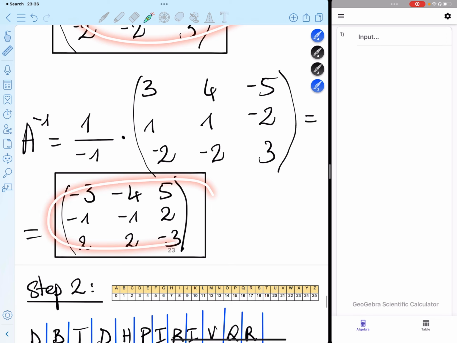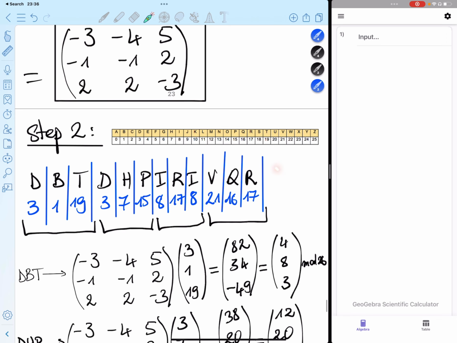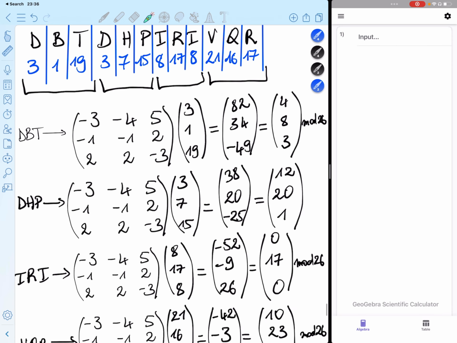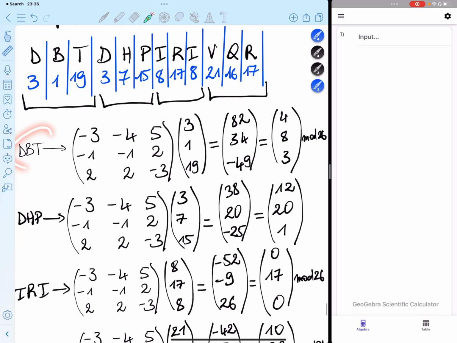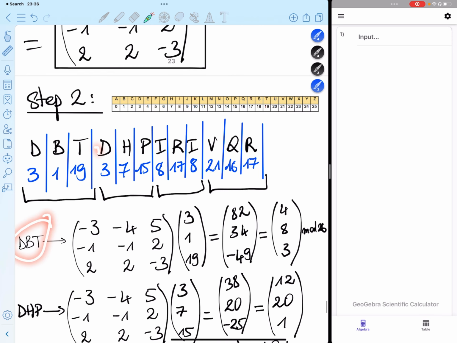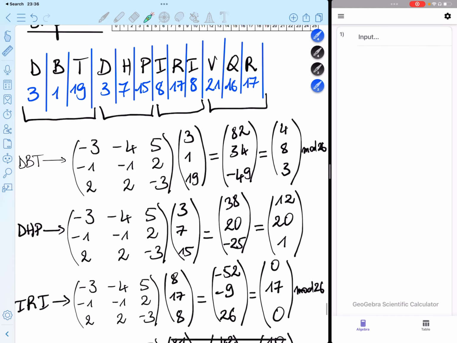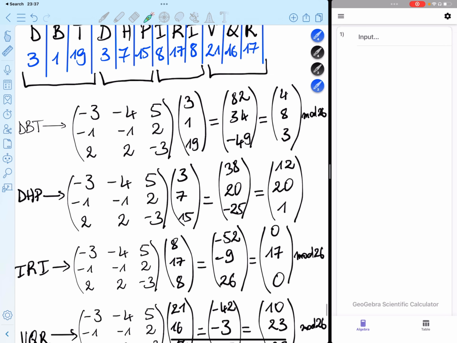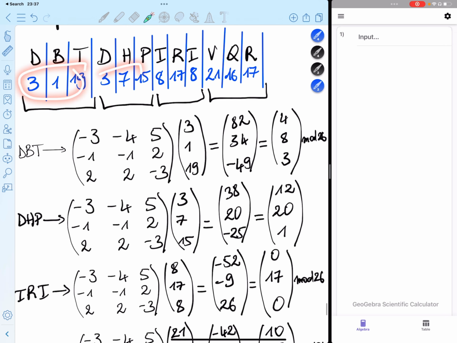And to decrypt the message, I wrote down the message, I numbered the letters based on this numbering, and then I decrypted it three by three, like every three letters. I decrypt them using the product between the decryption matrix and these numbers.